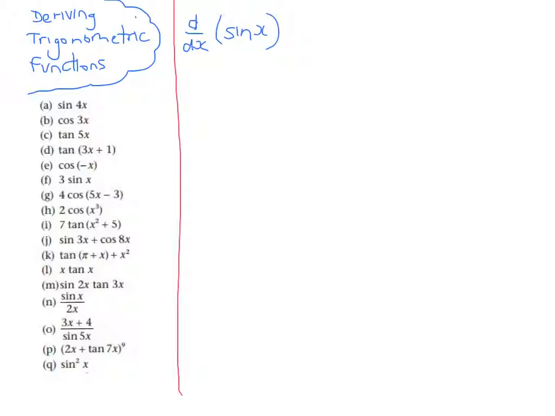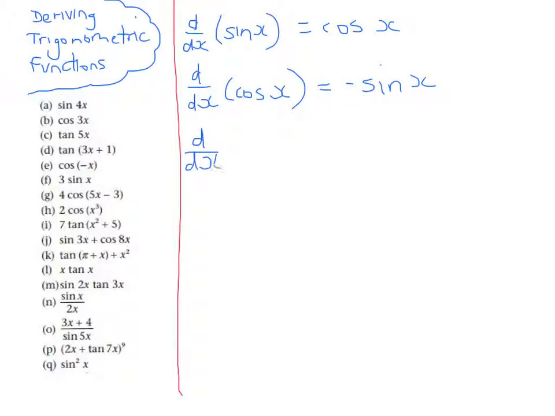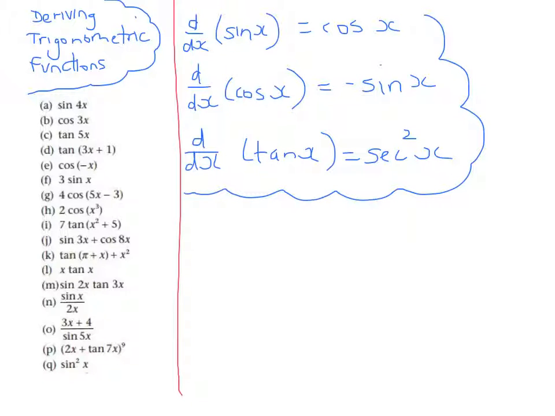So the derivative of sine x is cos x, the derivative of cos x is minus sine x, so they're linked, and the derivative of tan x is sec squared x. So you need to remember those three, and then we're going to do some work with them.